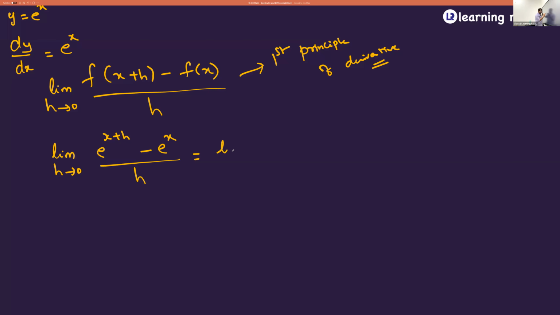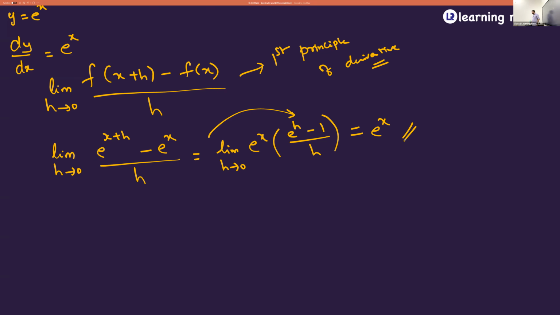This can be written as limit h tends to 0, e power x, if I take it out, e power h minus 1 divided by h. Remember, limit h tends to 0, e power h minus 1 divided by h is going to be 1. So e power x multiplied with 1 will be e power x. So that's the answer.